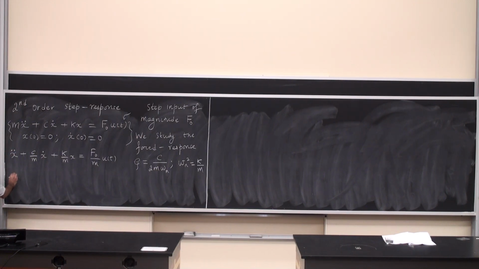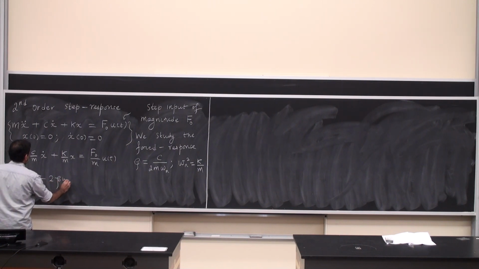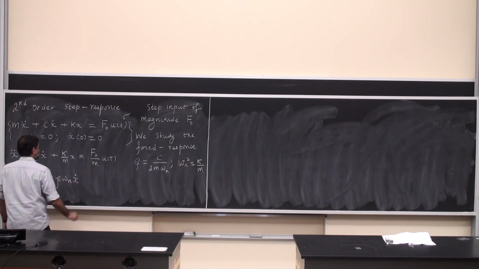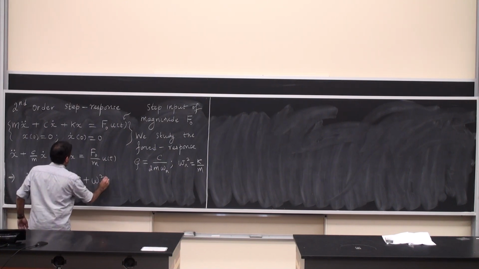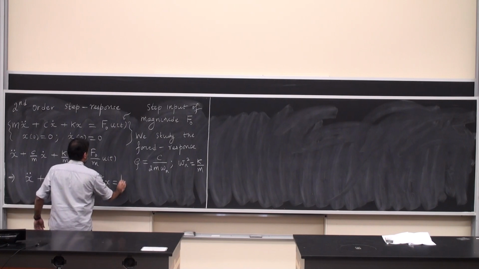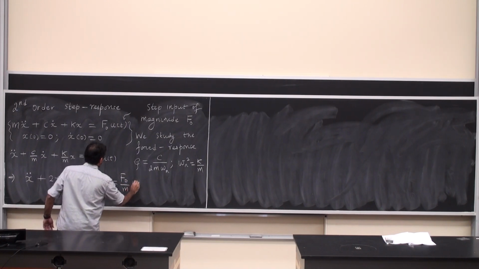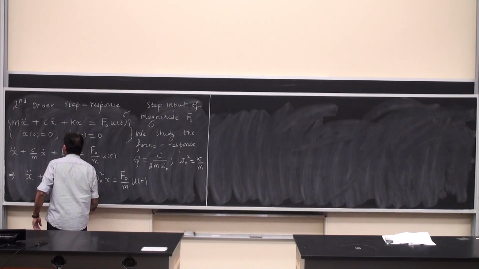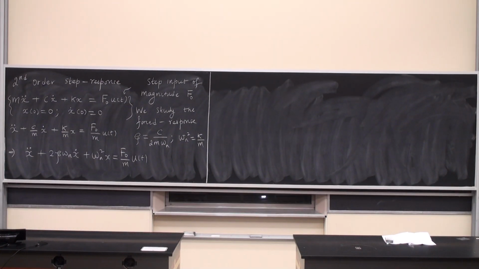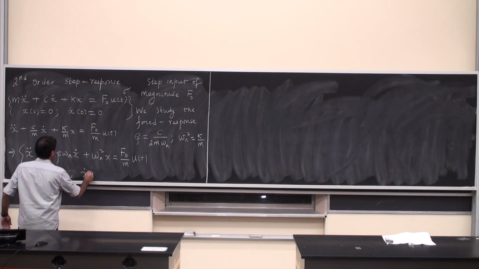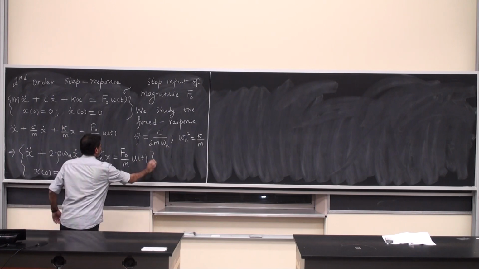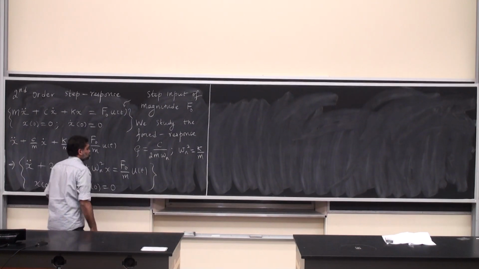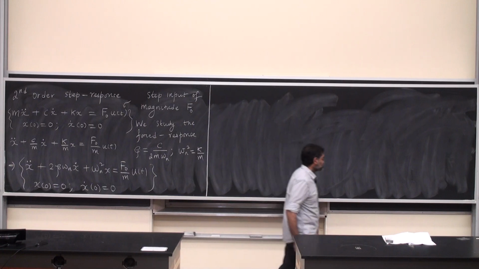Okay, so I have x double dot plus 2 zeta omega n x dot plus omega n square x is F naught by m u of t, and initial conditions are switched off. This is the system we are going to study. Okay?